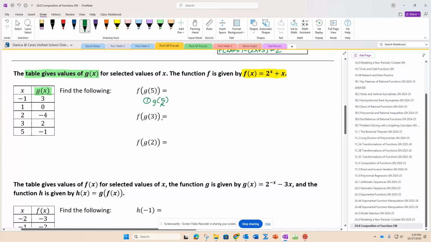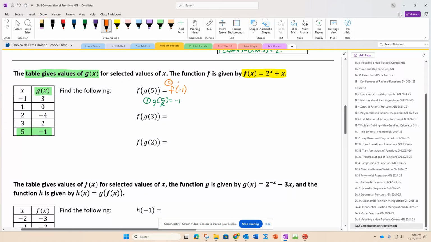So I go over to the table and find where I have an x value of 5, because this is my g function. And I get the input-output pair of 5, negative 1. So that tells me g of 5 is equal to negative 1. Now I can replace g of 5 with its output value of negative 1. And so now this becomes f of negative 1.